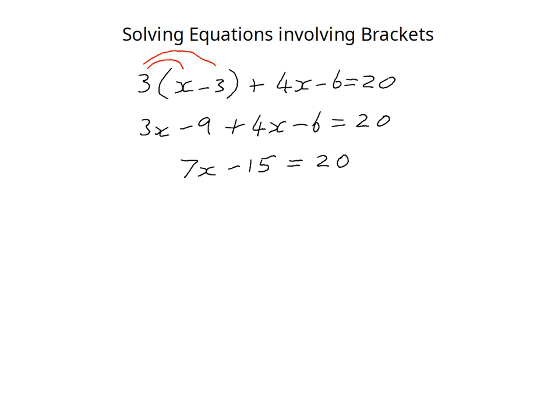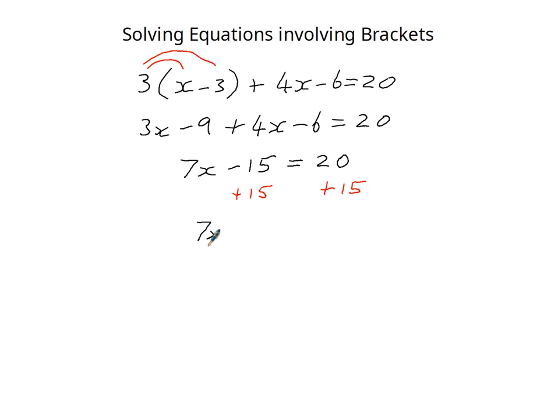Okay, now we need to do a little bit more collecting. We've now got all our x's together, but we've got numbers on both sides. So to cancel out this minus 15, so that we can get our x's on their own, we have to add 15. What you do to one side, you have to do to the other, so it's add 15.